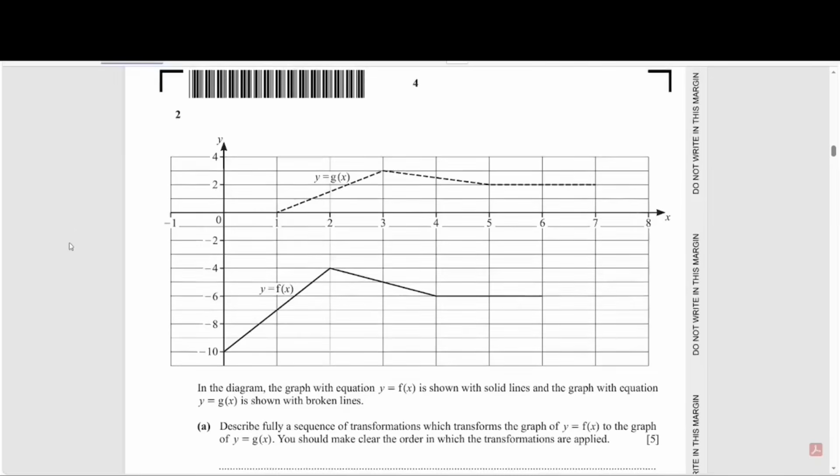So first of all, the fact that g of x is not at the same place as f of x means there is a translation, right? And it's gone upwards. It means there is at least a vertical translation. So first of all, we have a vertical translation, or generally we have a translation.